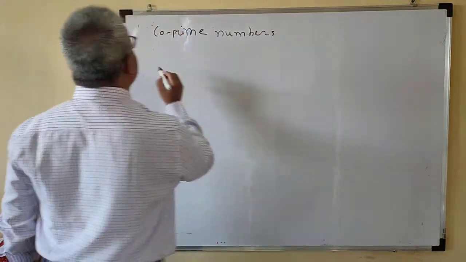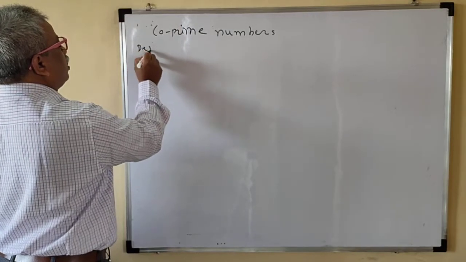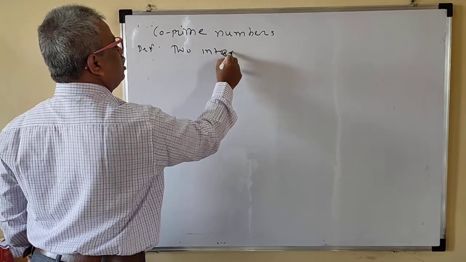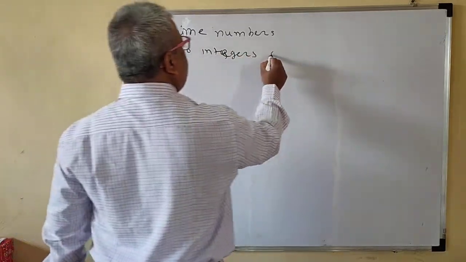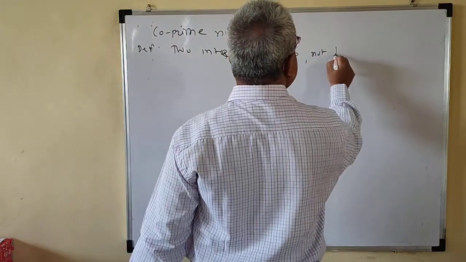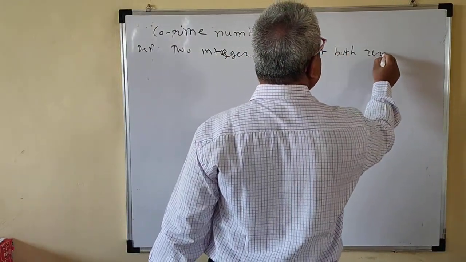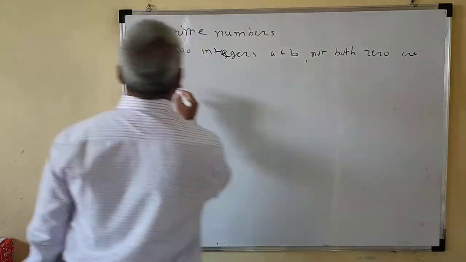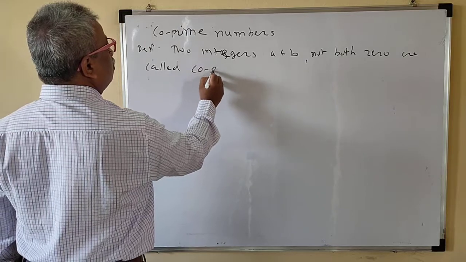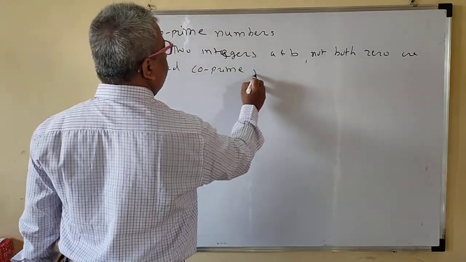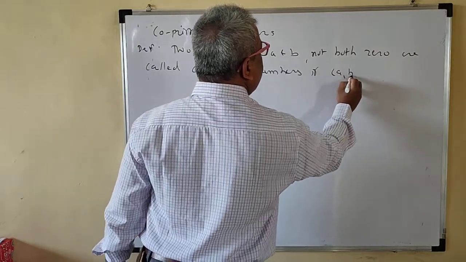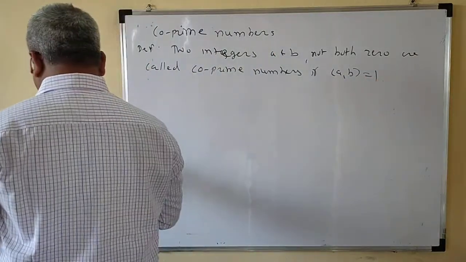The definition: two integers a and b, not both zero, are called co-prime numbers if GCD of a and b is equal to 1.